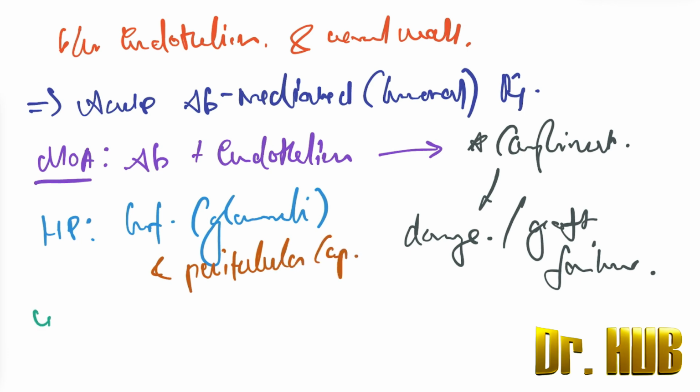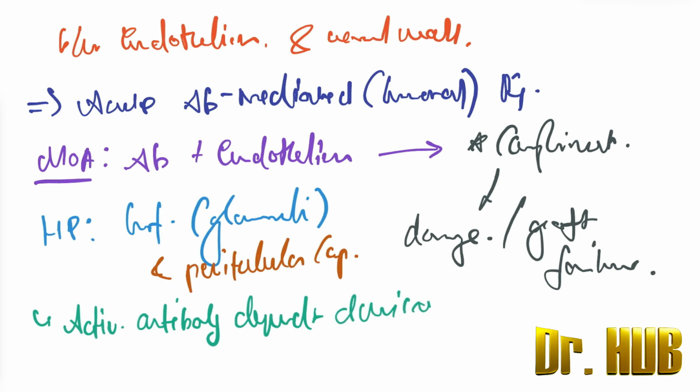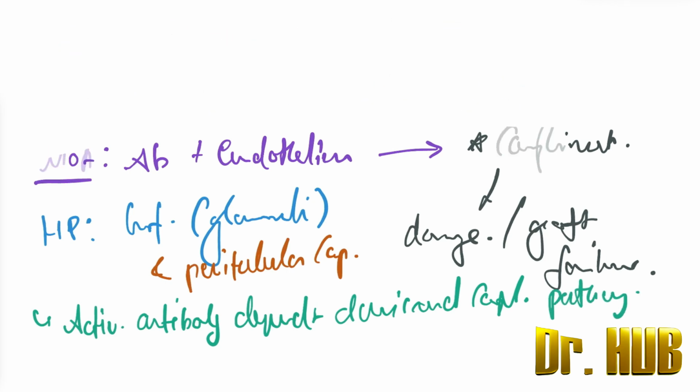Next comes the activation of the antibody dependent classical complement pathway. Then there is also involvement of focal thrombosis, and this is in small vessels.